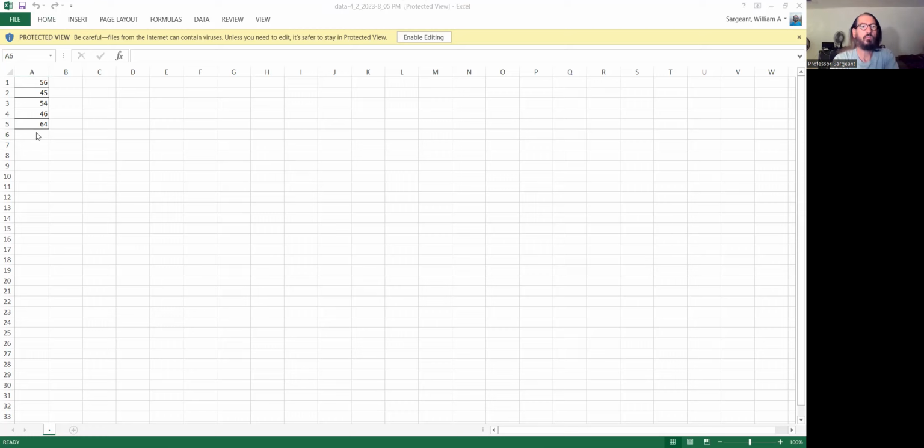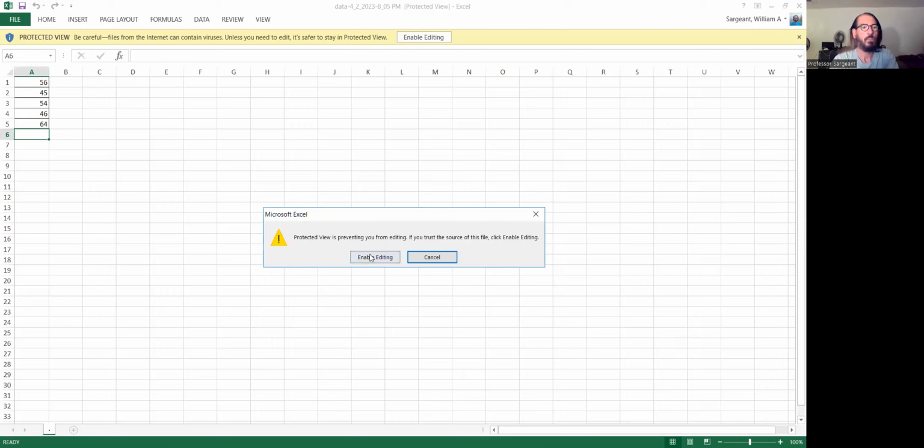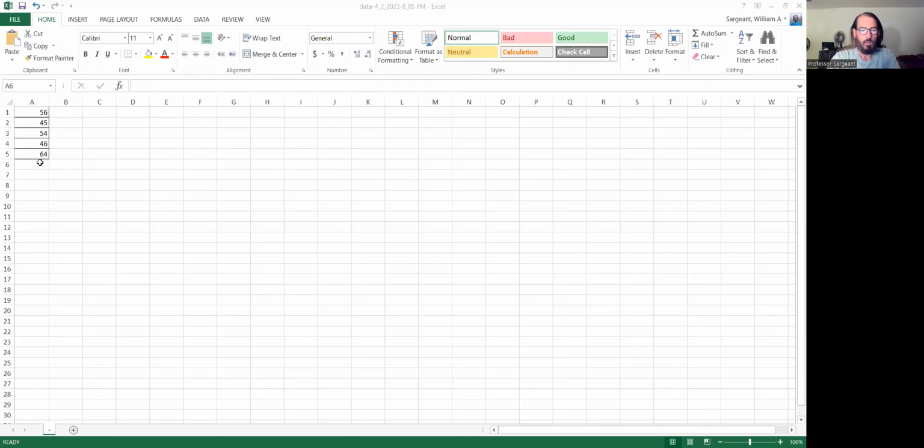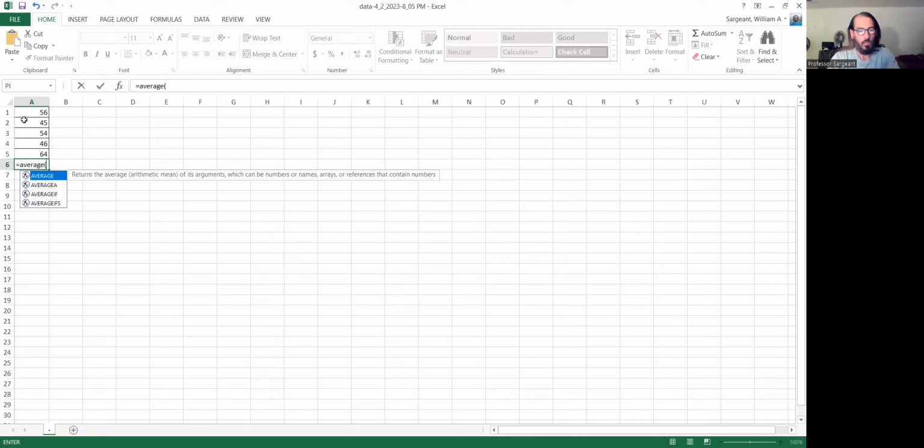typing in the 6th row, type equals the average of, oh, that was no good. Let's try that again. Equals average of what's in column A, row 1, down to column A, row 5.